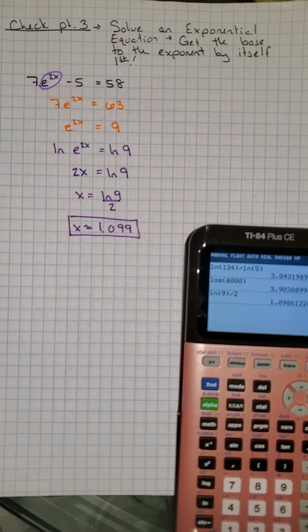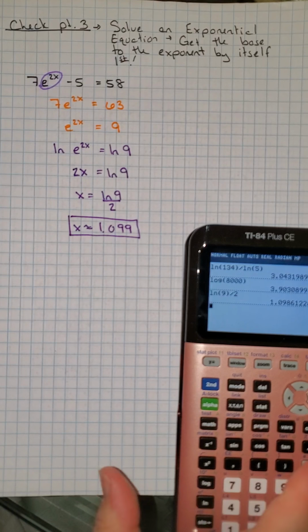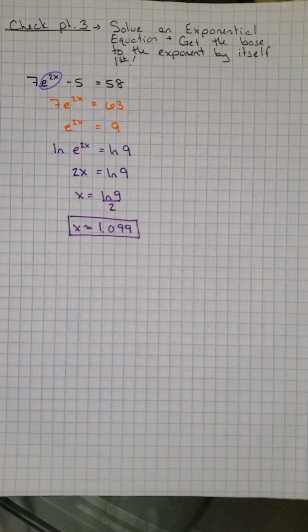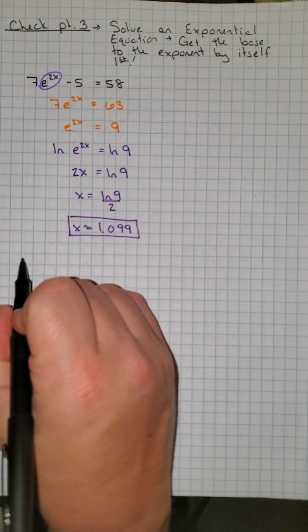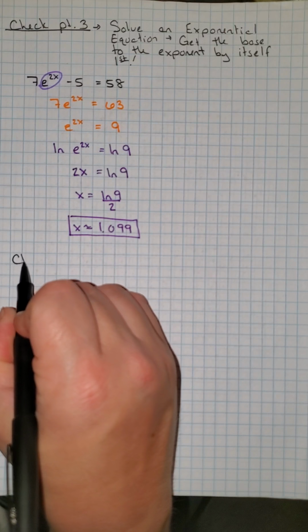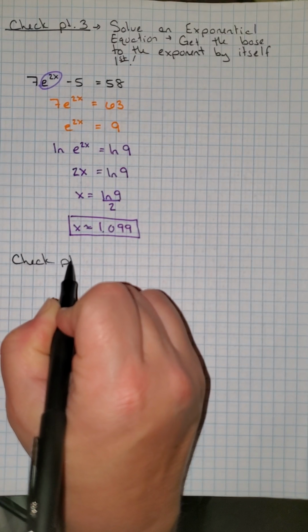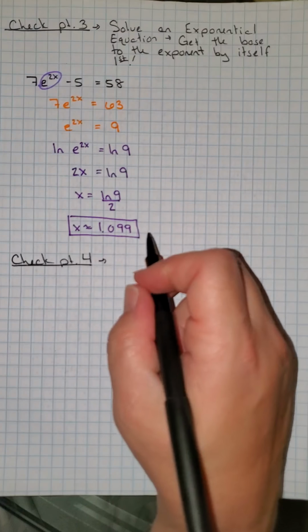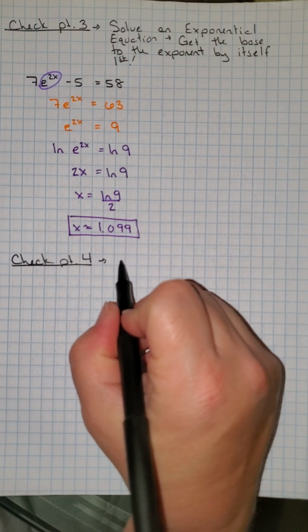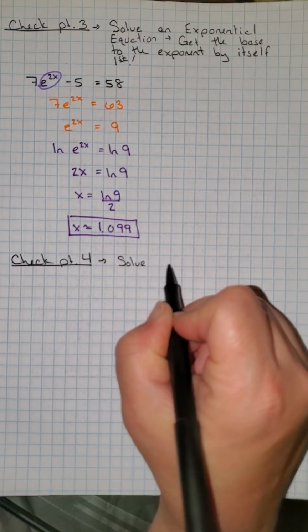All right, checkpoint 4 and checkpoint 5 are two of the harder ones, I think. Checkpoint 4, we're going to have x on the exponent on both sides. So checkpoint 4, we're going to solve an exponential with exponents on both sides.